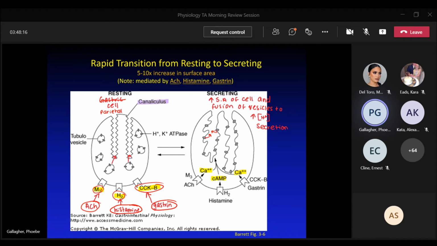And so this is regulated by acetylcholine, histamine, and gastrin, which together signal the movement of these vesicles to bind with the canaliculi, and then since they have the little proton pumps on them, they will allow for proton pumps to be present on the cell membrane. And this is done through either cAMP or calcium. I don't know, he mentioned that, but I don't think you have to know the biochemistry of it. Just have a general understanding that you would use these second messenger systems to help fuse the vesicle with the cell membrane.